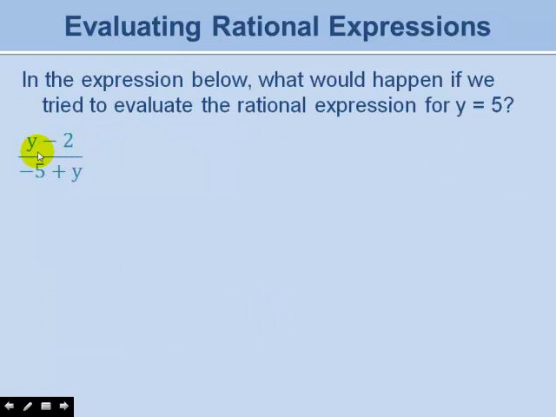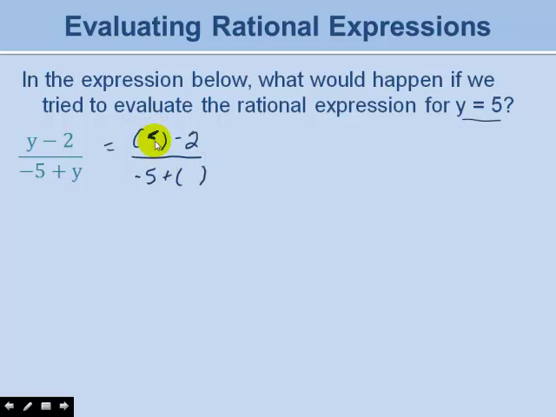Now let's look at this expression again. We have y minus 2 over negative 5 plus y. And think about what would happen if we tried to evaluate this for a replacement value of y equals 5. So let's just try this and see what happens.